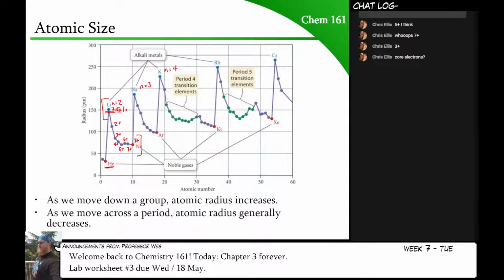And that's because the same distance, roughly, of electrons, all of them in the n equals 2 region, are getting pulled by more and more effective protons. Within n equals 2, all of the core electron count remains the same. It's always 2, right?